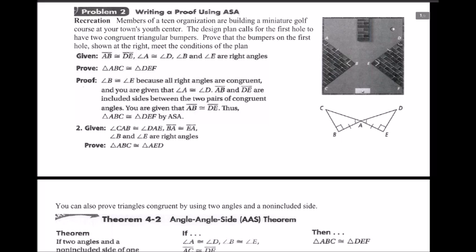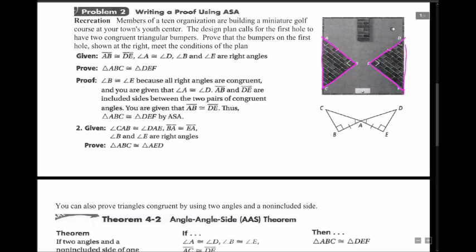We have a miniature golf course, and the design plan says that the first hole is to have 2 congruent triangular bumpers. We want to prove that they are congruent. So let's figure out what we're looking at here. We have this triangle here and this triangle here.